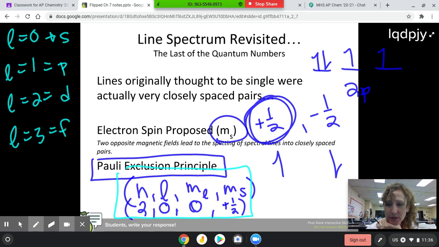Okay, so here's what we're doing right now. We are writing the 4 quantum numbers for the valence electron of aluminum that lives in the P shell. Francis has a good start here. N is equal to 3, yes. Keep going.